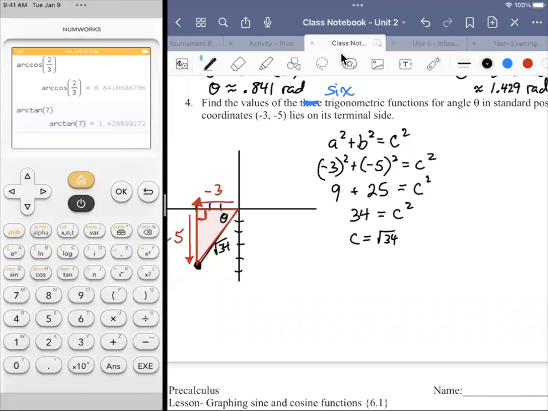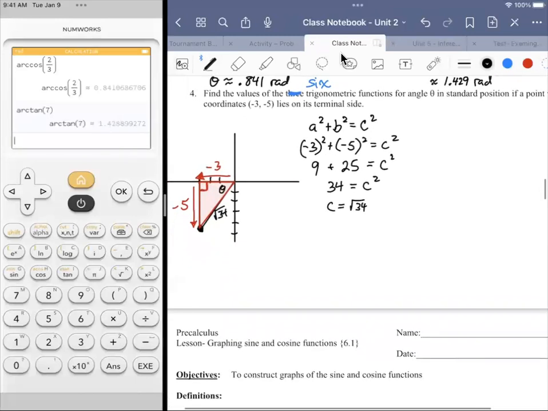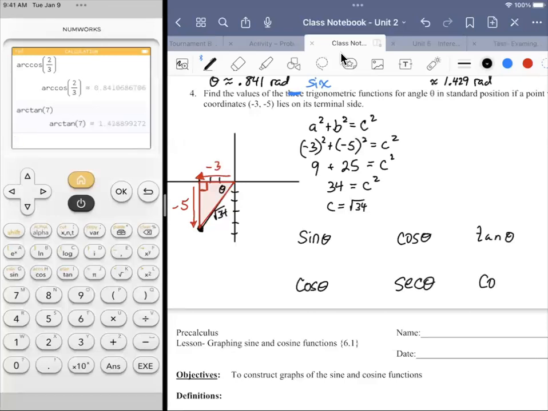Right. So I need the 6 trig ratios here: sine of theta, cosine of theta, tangent theta, cosecant theta, secant theta, and cotangent theta. All right. We're not actually solving for the angle, although we could use any one of these ratios to help us do that.